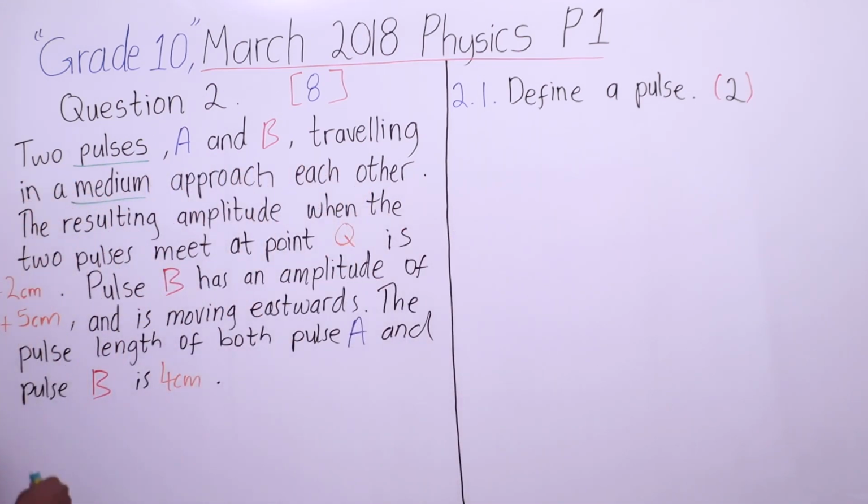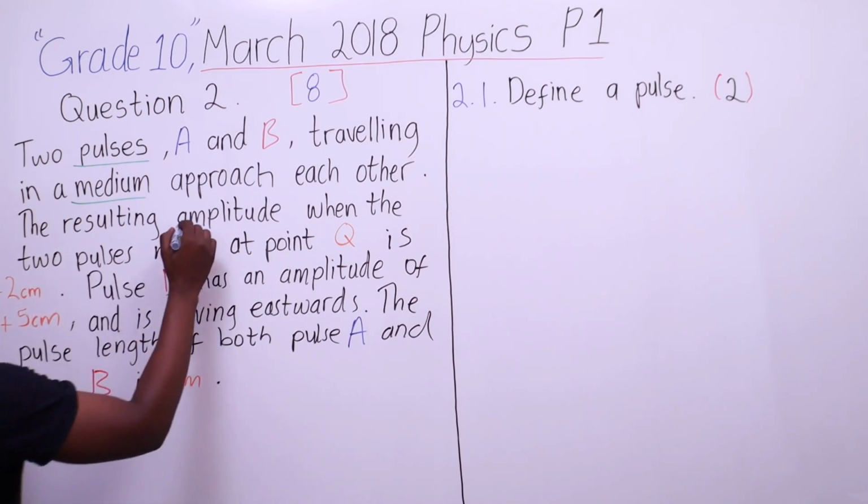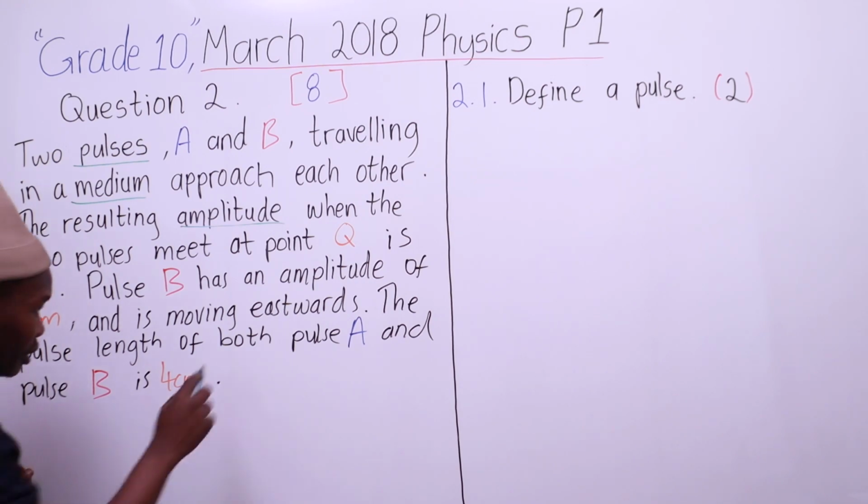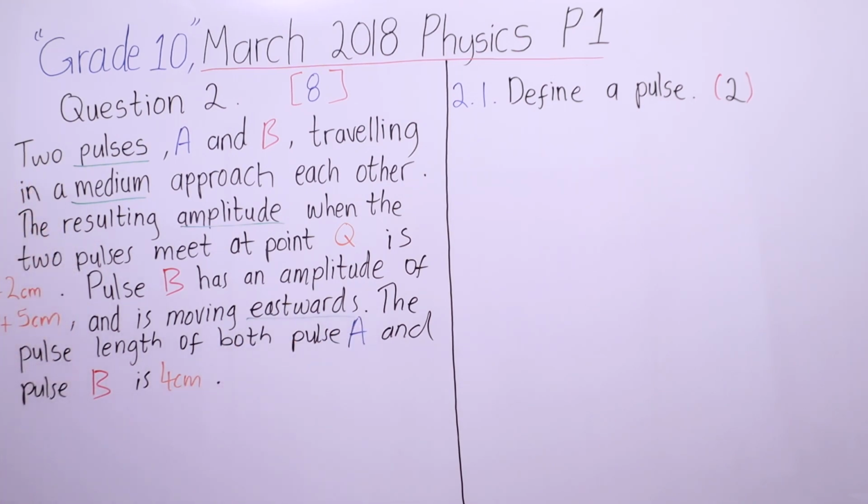The resulting amplitude when the 2 pulses meet at point Q is positive 2 centimeters. Pulse B has an amplitude of 5 centimeters and is moving eastwards. The pulse length of both pulse A and pulse B is 4 centimeters.